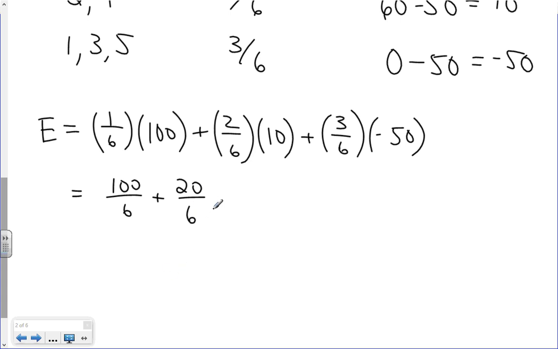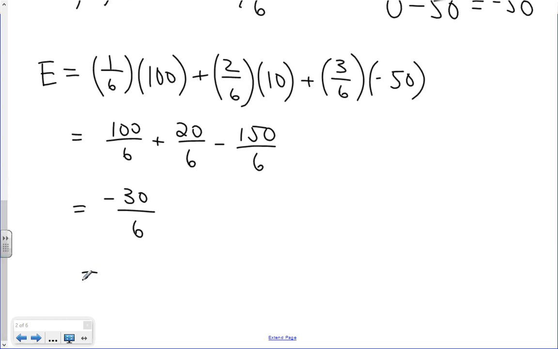And then this is going to be a minus 150 over 6, if we rewrite these all as just fractions here, multiplying those payoffs times that numerator. And so what do we have here? We've got 120 minus 150. That's going to be a negative 30 over 6. Negative 30 over 6, so that's nice. That's actually a negative 5. So a negative 5 points is the expected payoff here.